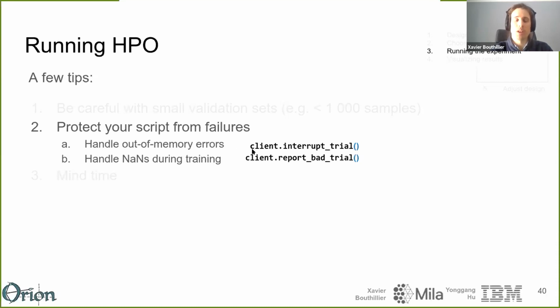With Orion, we have a helper function, client.interrupt_trial, that will just interrupt this trial if this is an issue that is caused, for instance, because you're sharing the GPU, and it will try running it again on another worker. Or if you have NaNs, so maybe some of the hyperparameters cause a divergence issue in the optimization and you have NaNs, make sure to catch those. And with Orion, you can use client.report_bad_trial that will just return a very bad objective to the algorithm so that it starts avoiding this region of the search space that is causing that.